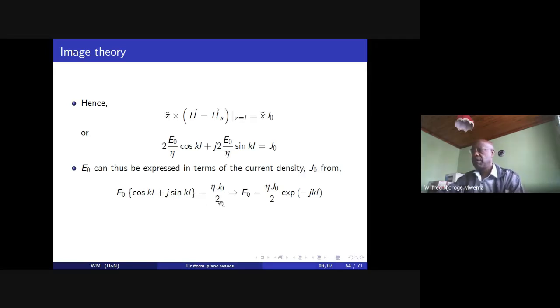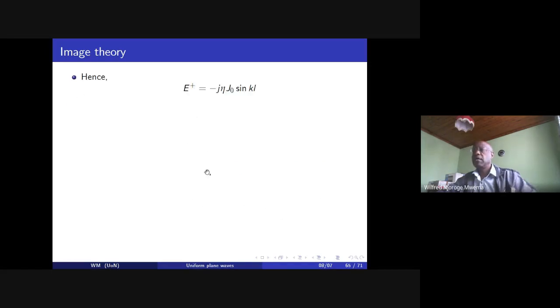We see that the cosine of kL plus j sine kL is simply the exponent of jkL. And therefore E naught is just going to be given by eta J naught by 2 multiplied by the exponent of minus jkL, divided by that equation there. And therefore, E plus is going to be given by minus j eta J naught sine kL.